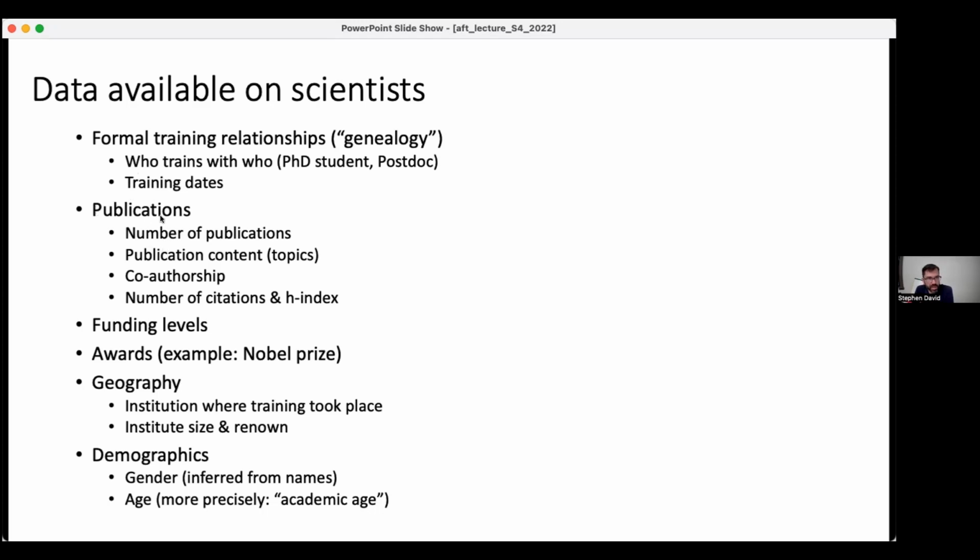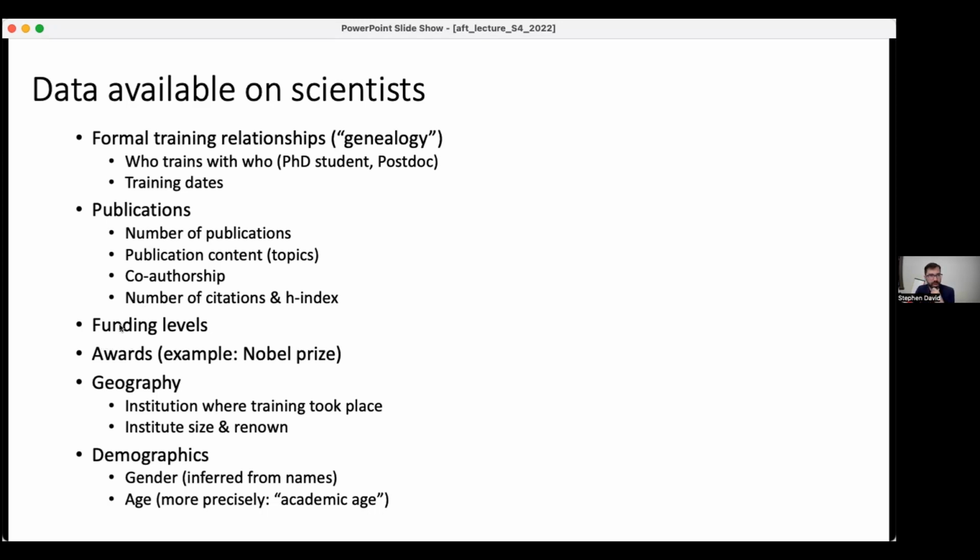And what we're interested in is understanding how that impacts science more broadly. So of course, publications are the currency. We're interested in assessing what scientists do, so we can keep track, for instance, of how much they publish or what the content of their publications are, who they publish with, and statistics like citations and H-index.